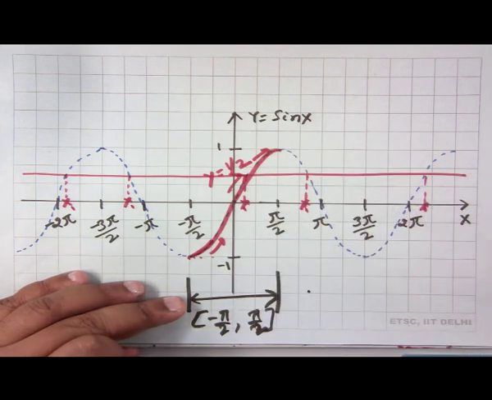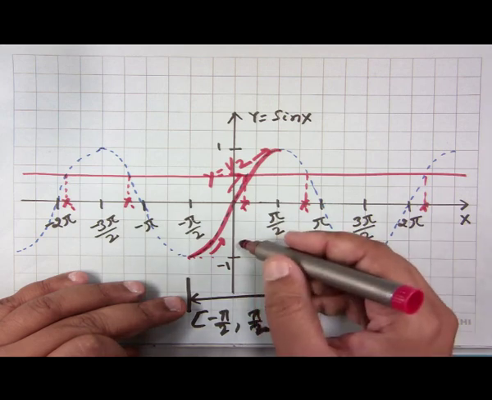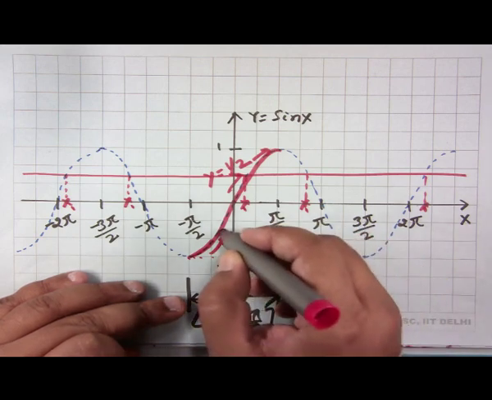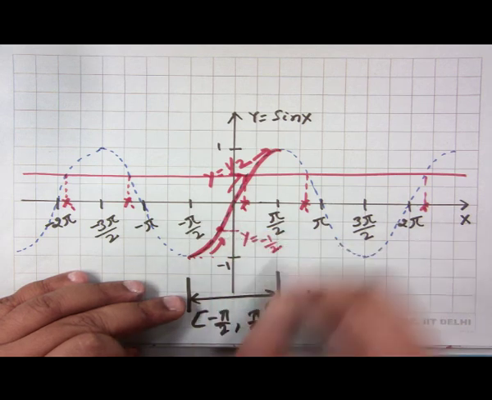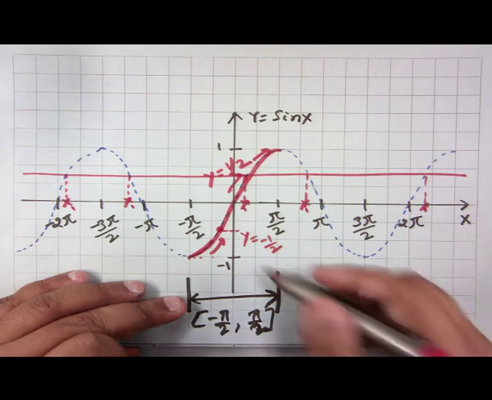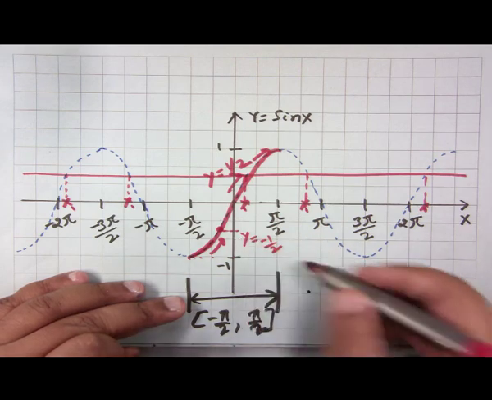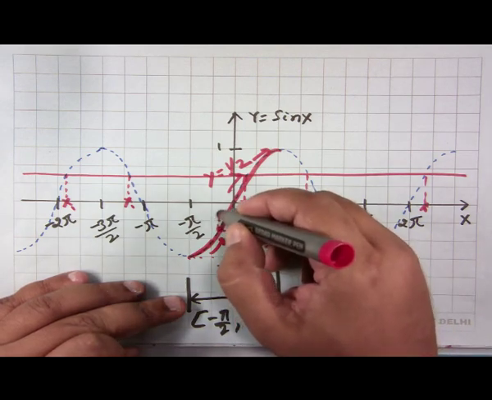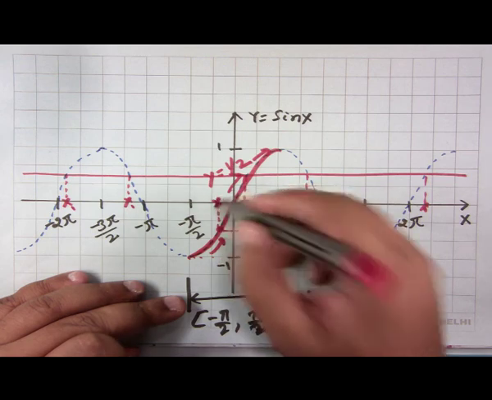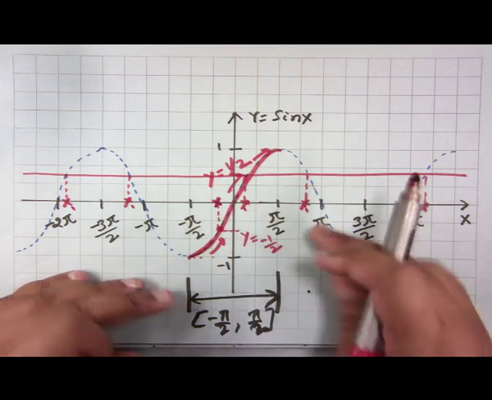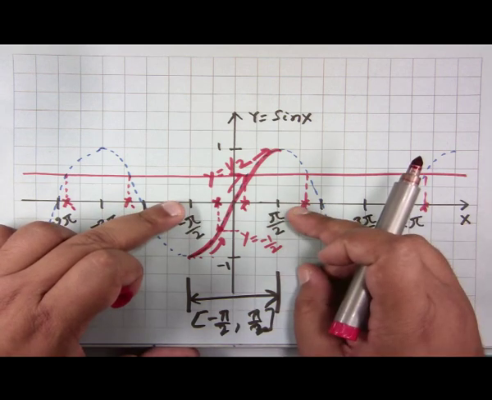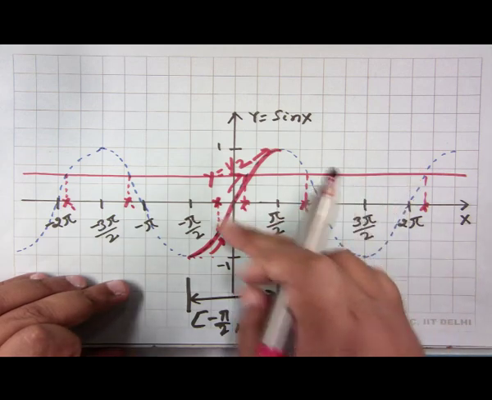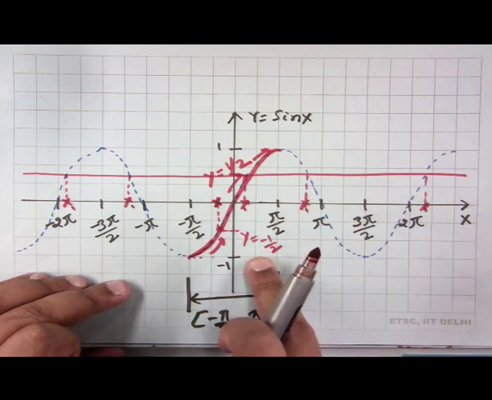Additionally, what we also see is that if we take any value of y in the range -1 to +1, let us say we take y equal to -half, then there is only a unique value of x in this restricted domain such that sin of x is equal to -half.